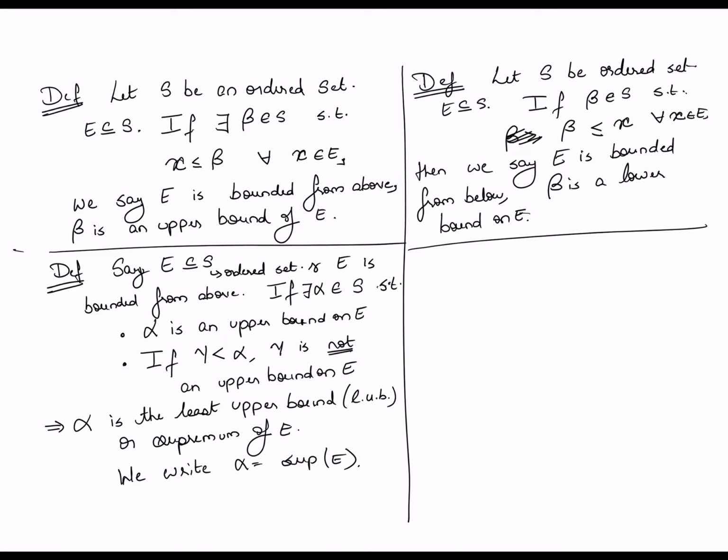What does it mean to say that a subset E of the ordered set is lower bounded? If there is an element such that it is less than or equal to every element of the set E. In that case, E is bounded from below and beta is in fact a lower bound on E.